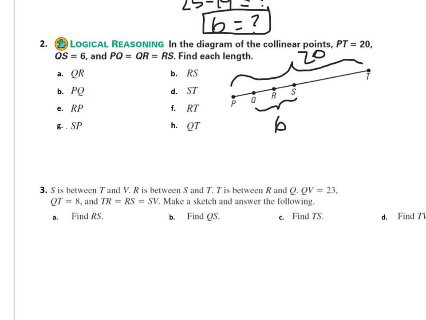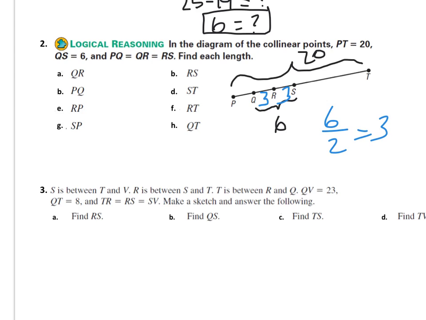Let's find out what RS is. We'll do B. We know that Q to S is 6, and then QR has to be the same as RS, so if we take 6 divided by 2, which is 3, that's going to give us the length of this mini segment and this mini segment.